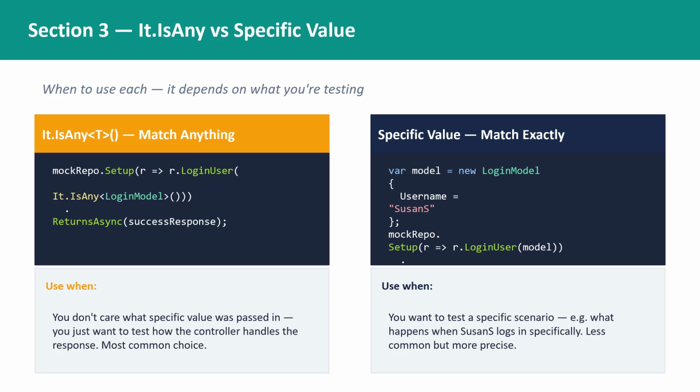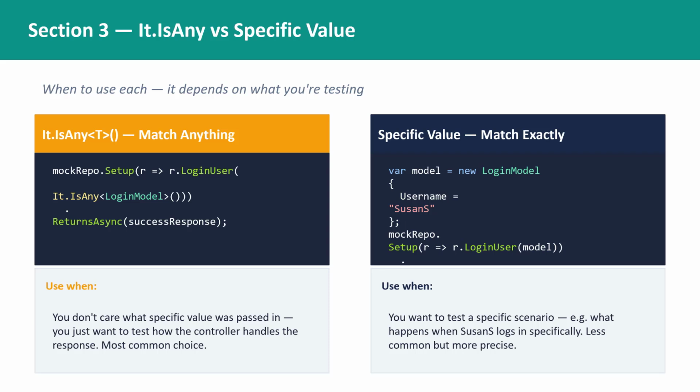So if you use it is any login model, the mock will return your configured response regardless of what username and password was passed in. This is the right choice most of the time. You're testing how the controller handles the response, not which specific credentials were used.